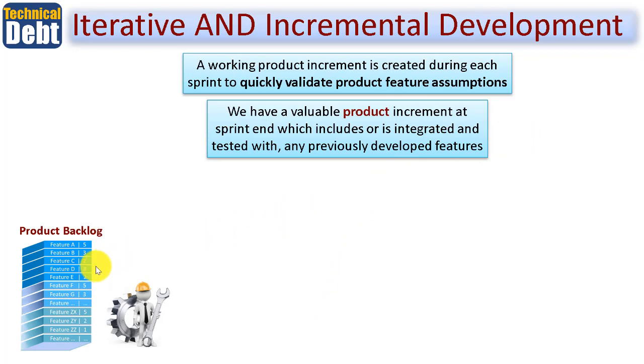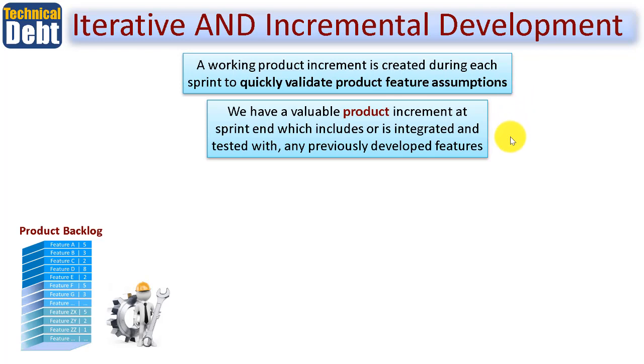There's our chum, the product backlog down there, which, like I say again, can be used perfectly for physical and non-software projects if you choose. So a working product increment is created during each sprint to quickly validate product feature assumptions. For example, the way in which features work together and how they should be laid out, for example, in the product controls, whatever they are.